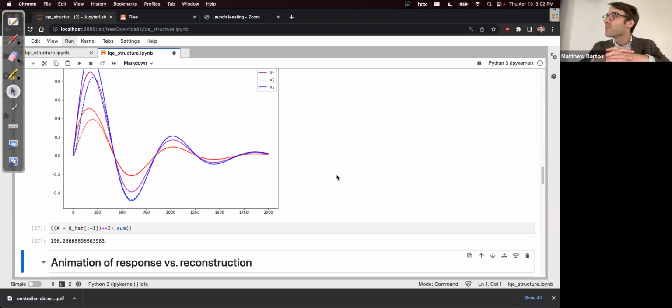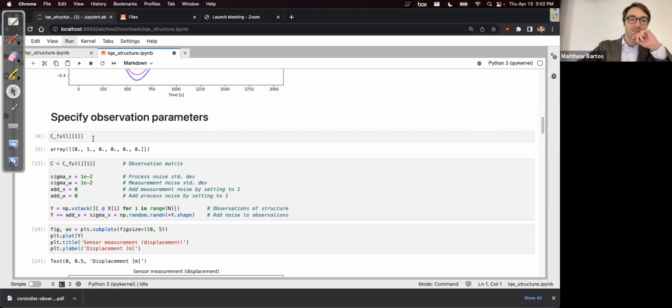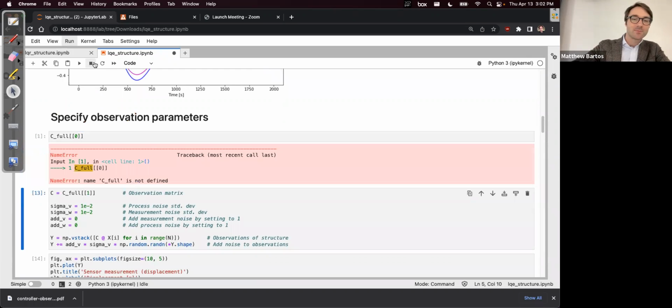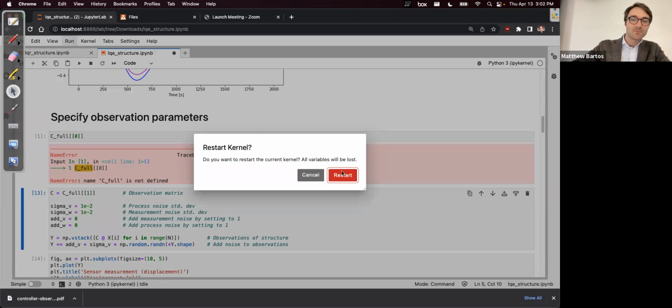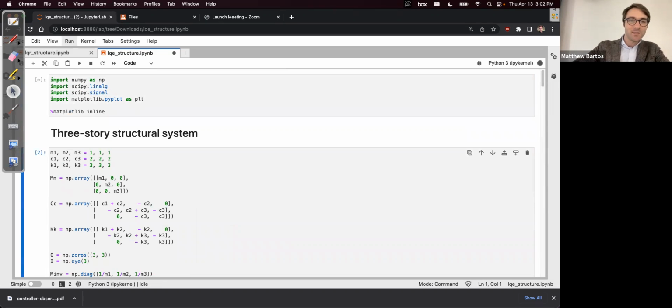Did anyone find what they think is the best sensor placement? I'm going to go ahead and try. Let's see. It's like the second floor. Let me evaluate it here.